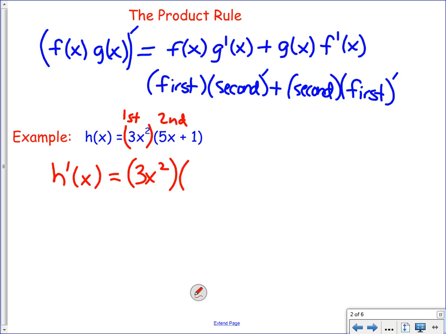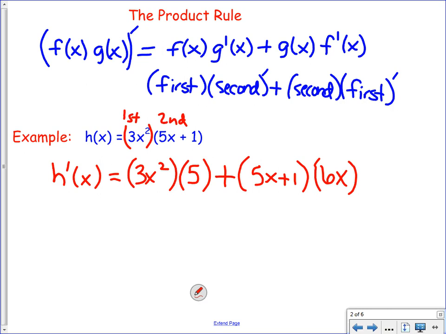So you are still using the power rule to find these derivatives. The derivative of 5x plus 1 is 5, using the power rule. Okay? Plus the second function, 5x plus 1, times the derivative of the first function. And so that would be 6x using the power rule. Okay? And that's why I told you guys in class that you're going to become a pro at the power rule. It'll become second nature to you because you're going to use it so much.